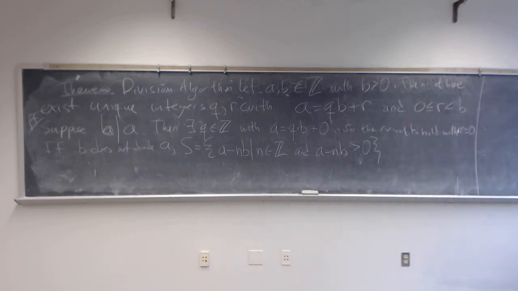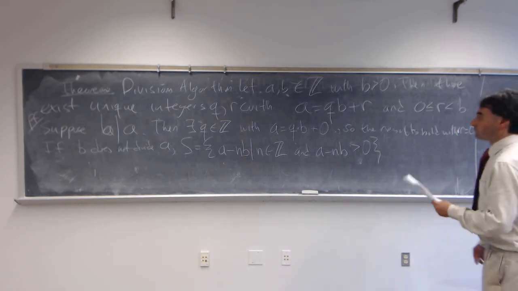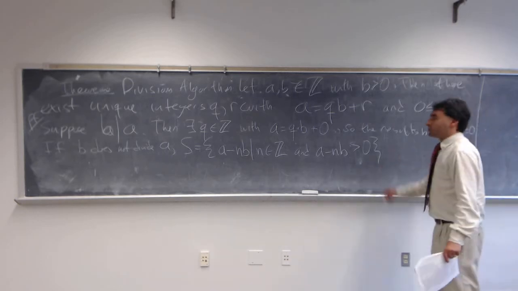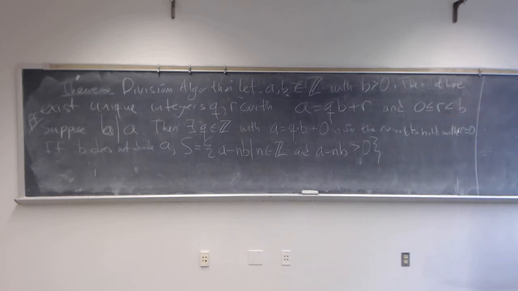Which, since a minus nb is an integer, that really means a minus nb is greater than or equal to 1. So we want to try to apply the well-ordering principle to S. So to do that, we need to show it's non-empty.